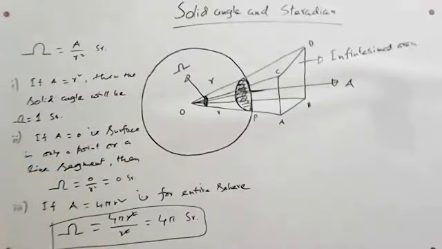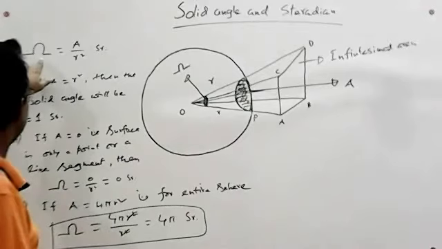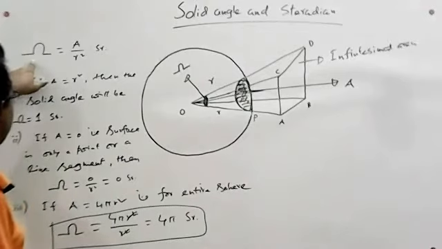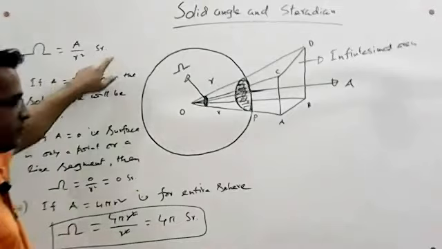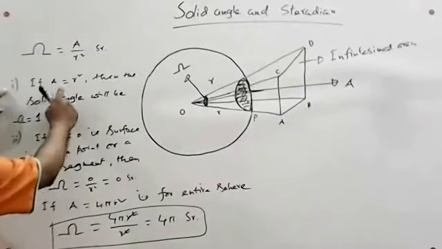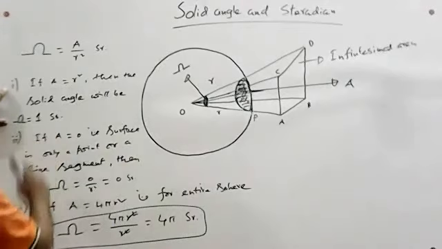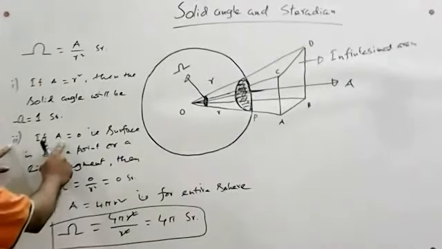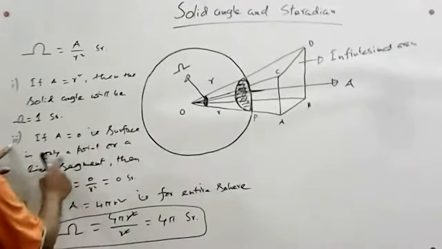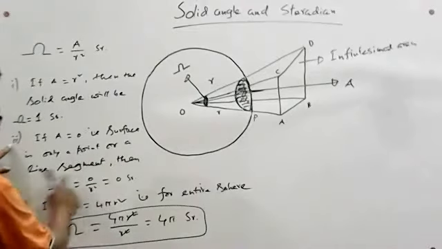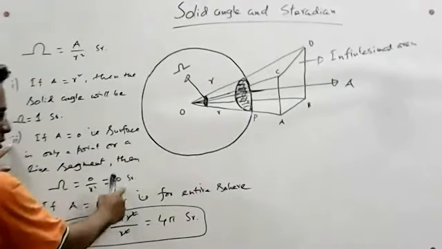Dear students, I repeat again these three special cases. We know from the mathematical relation that solid angle omega equals A over r square steradian. If A equals r square, then the solid angle will be omega equal to 1 steradian. If A equals 0, that is, the surface is only a point or a line segment, then omega will be 0 steradian.